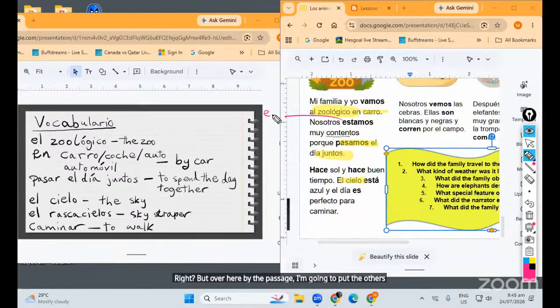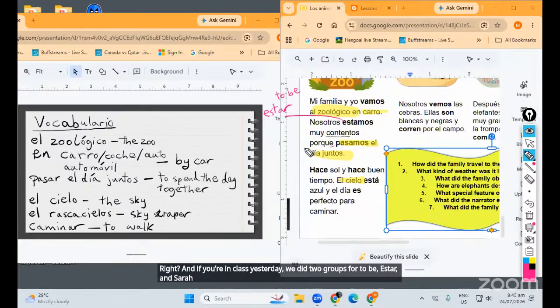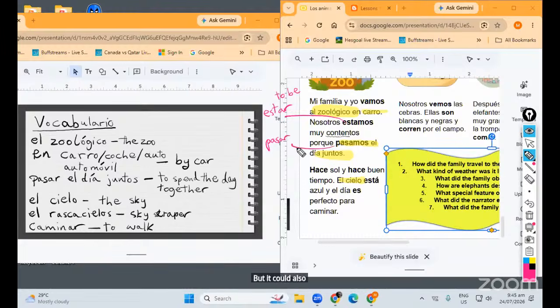So estar, if you need to take it down, and it means to be, right? And if you're in class yesterday, we did two verbs for to be, estar and ser. Pasar could mean to pass, but it could also mean to spend time, as it does here, right?